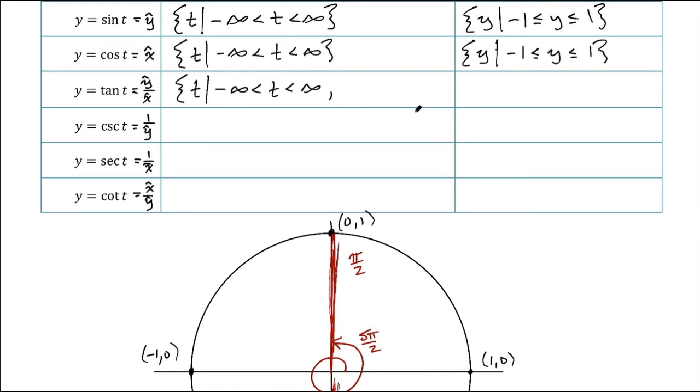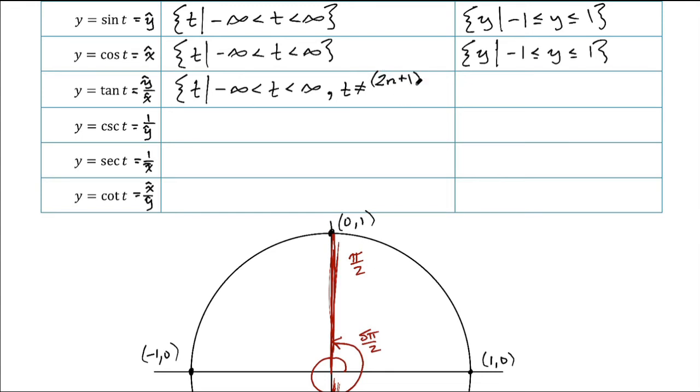But we also have another condition. So I'm going to put a little comma and write my other condition. T cannot be an odd numbered pi over 2. So t cannot equal, and then we need a way to write odd numbers. The standard way that we write odd numbers is, you can take 2 times an integer, that gives you an even number, and then if you add 1, you get odd numbers.